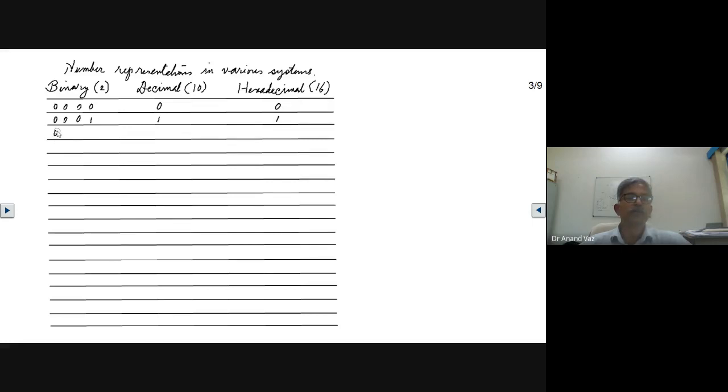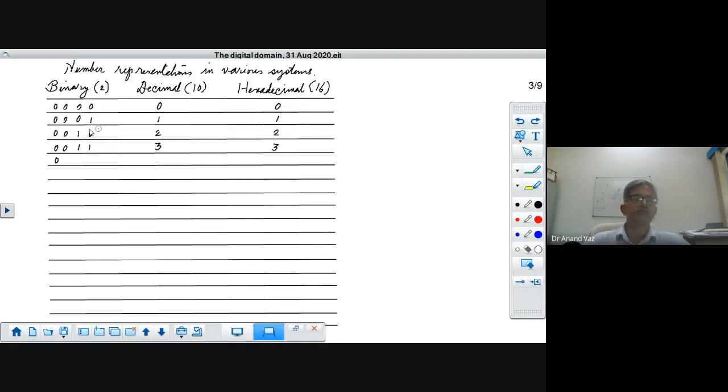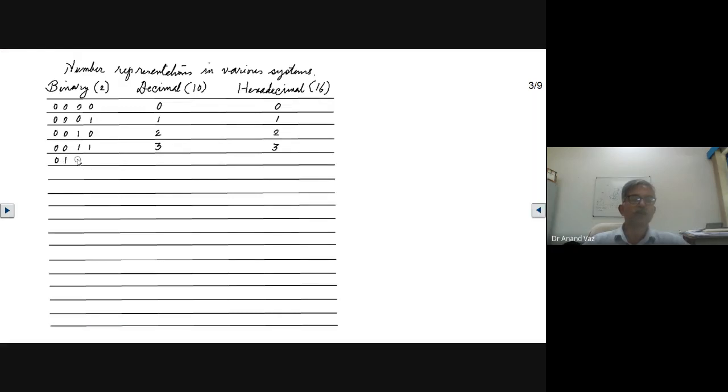Then we go to 0, 0, 1, 0. Here, the decimal representation is 2. This is also 2. Then 0, 0, 1, 1. You see, we are just increasing by 1. So here it is 3. Here also it is 3. Then 0, 1, 0, 0.